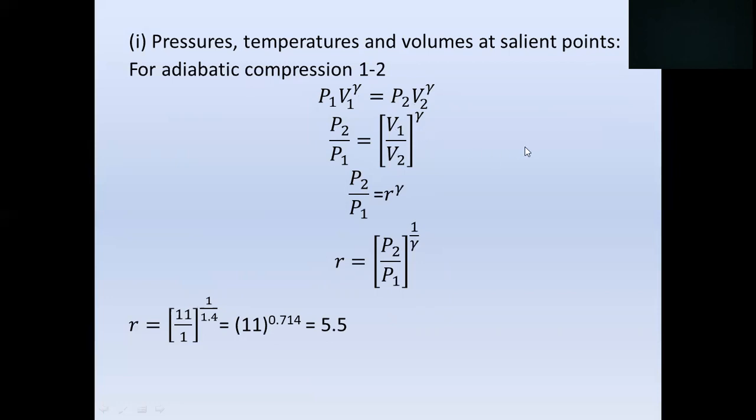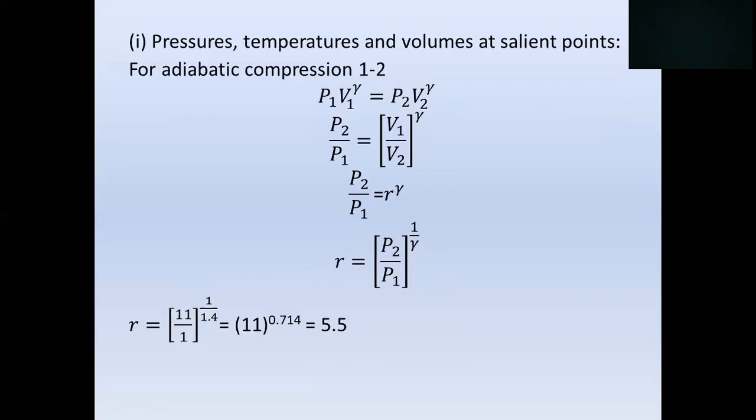The compression ratio R is equal to V1 by V2. So instead of V1 by V2, we can substitute R. So R is equal to P2 by P1 the whole power 1 by gamma. So the power value gamma is shifted from right hand side to left hand side.